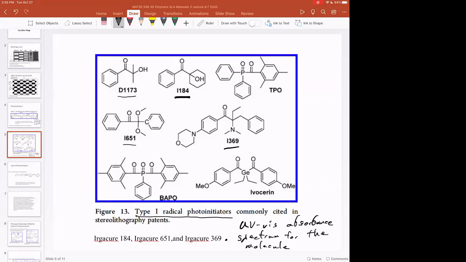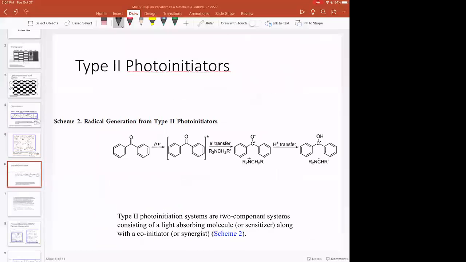But all of these are radical photoinitiators, and you know that these will be used with acrylates and methacrylates, some styrenes in general. And if you have type 1 photoinitiators, there's likely something called type 2 photoinitiators. And type 2 photoinitiators are really easy to remember because they take 2 molecules.